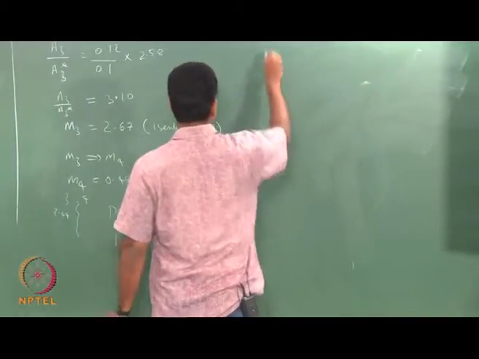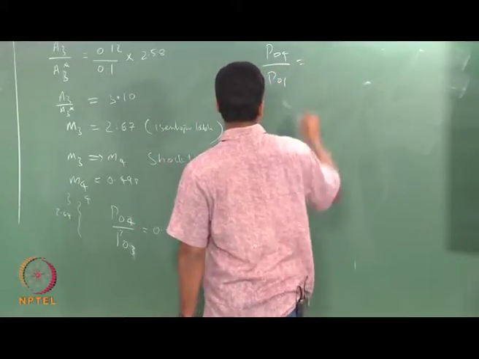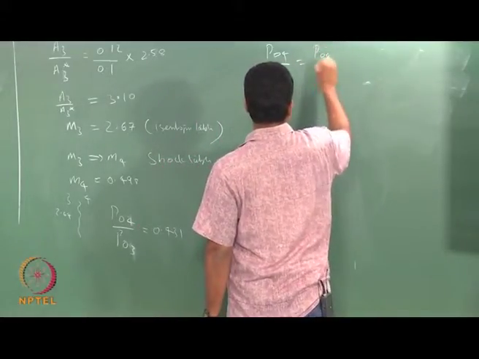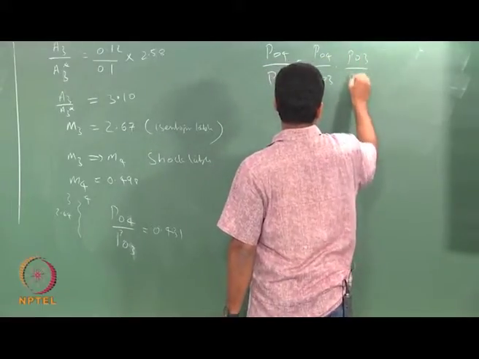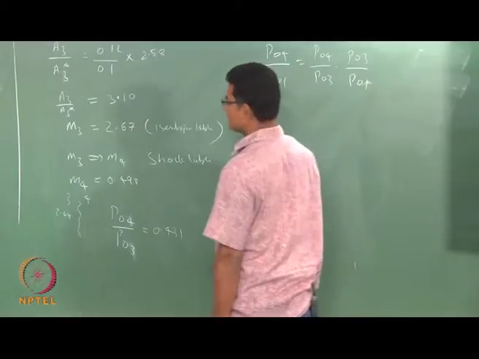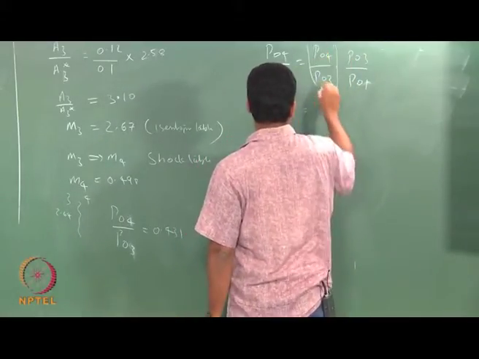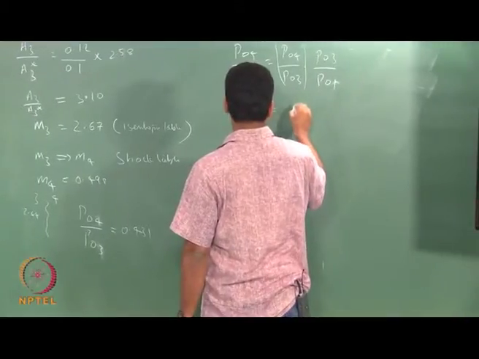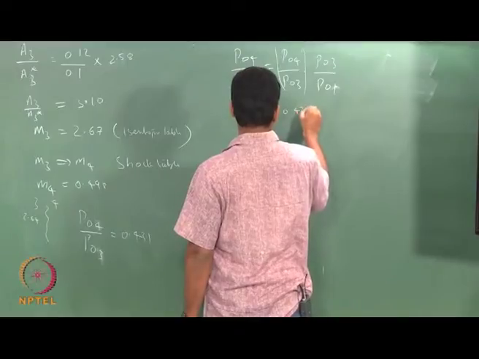So, the question is to find P04 by P01, which is P04 by P03 into P03 by P01. This is associated with the shock relation, which is 0.431.